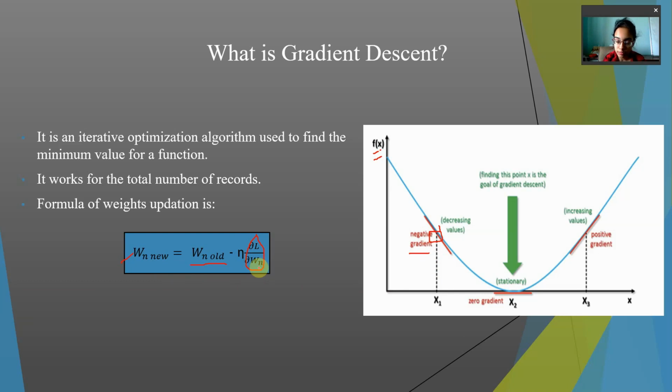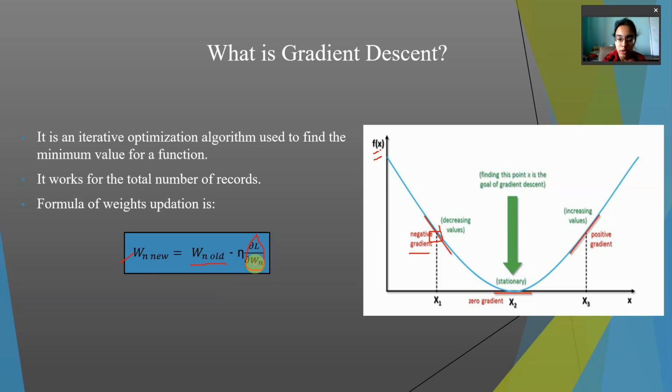Okay, so the learning rate will be multiplied with some negative term, and before the learning rate there is also another negative sign. So negative and negative will be a positive term. So we are basically adding some value to our old weight.